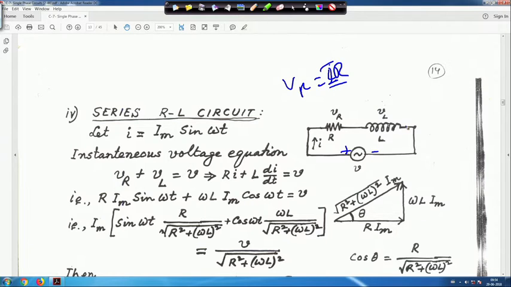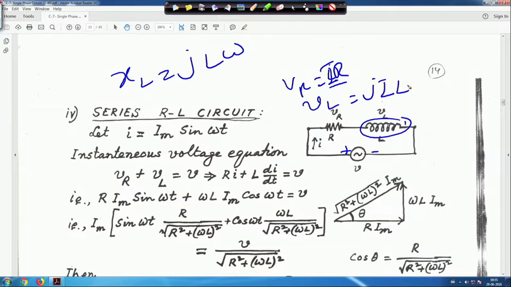And VL, this is the inductive reactance, where XL is equal to j L omega. That means the voltage drop VL is equal to jI L omega, that is I XL. So VL is equal to j into I L omega.